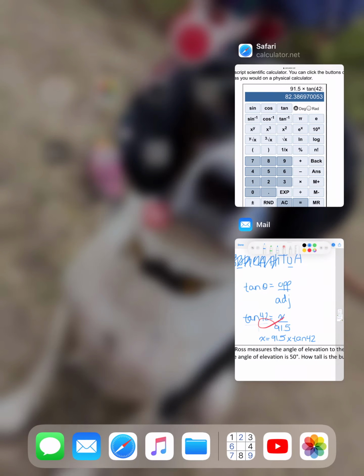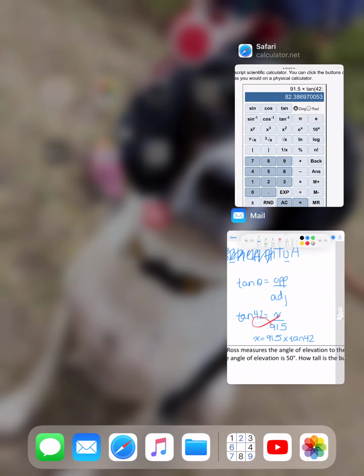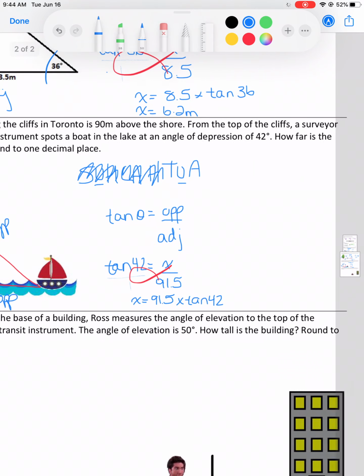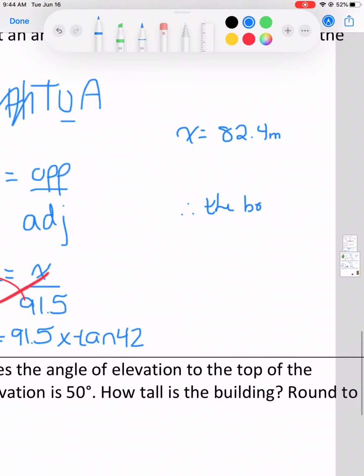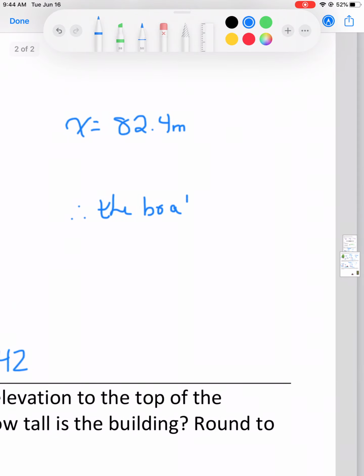That's 82.3, 82.4. Right? Yeah, 82.4, to 1 decimal place. So therefore, the boat is 82.4 meters away from the shore.